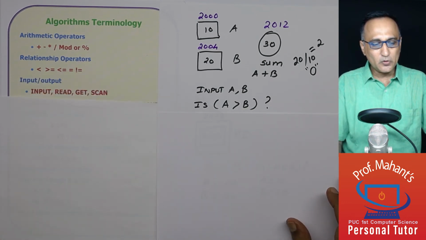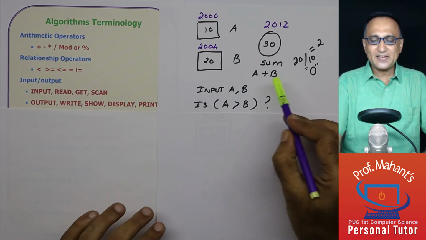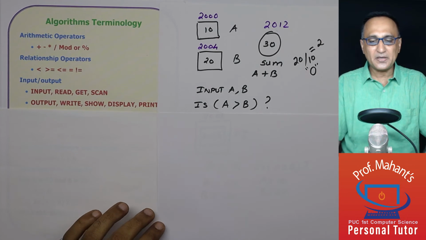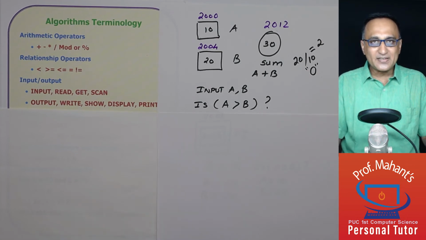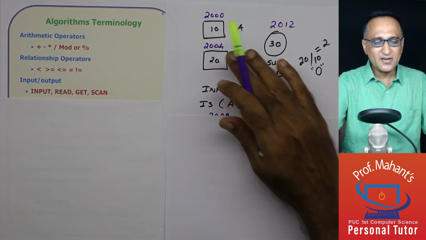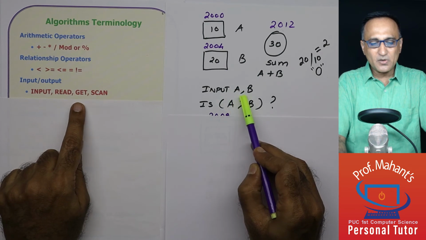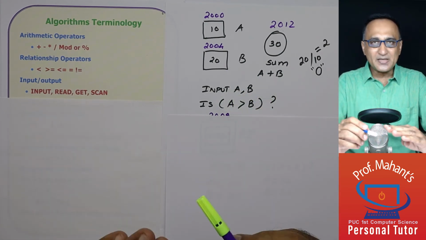Now let me come to input and output. Suppose I have to find the sum of two numbers A and B. In order to calculate the sum, I need the values of A and B. You can ask the user to enter the input by using the following words: input, read A comma B, get A comma B, scan A comma B, all mean the same.